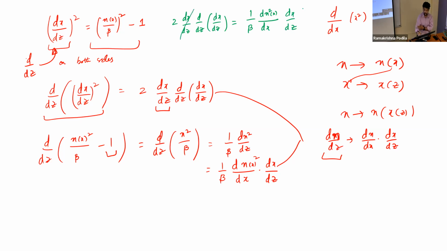Notice that the dx by dz's cancel out on both sides. You can move the 2 to the denominator here.